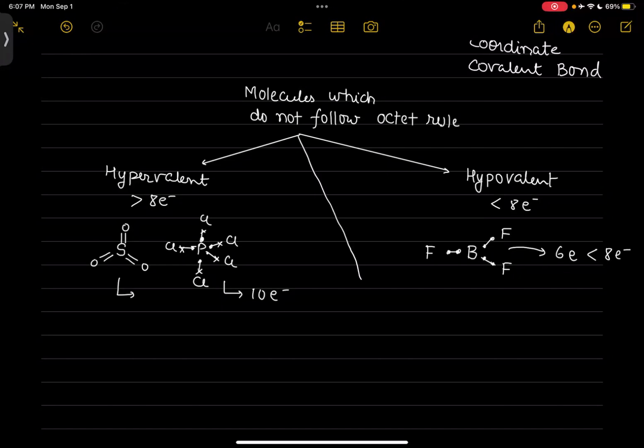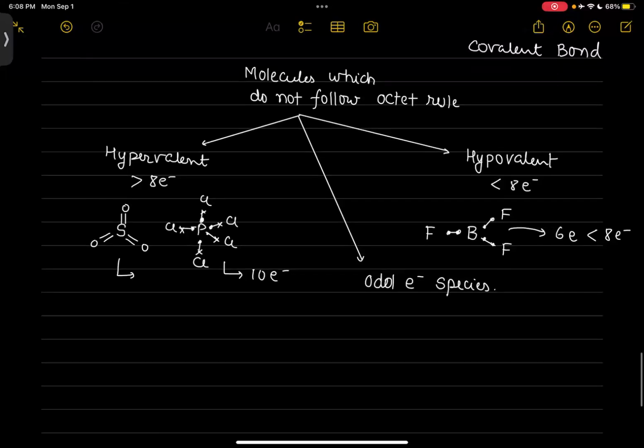And there are some odd electron species also. What do you mean by odd electron species? As the name indicates, odd electron. Till now we have seen all the electrons get paired up, right?